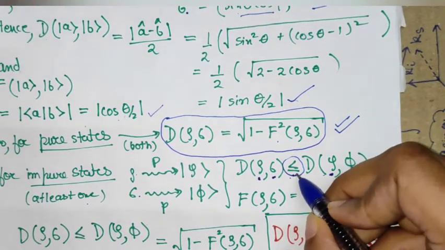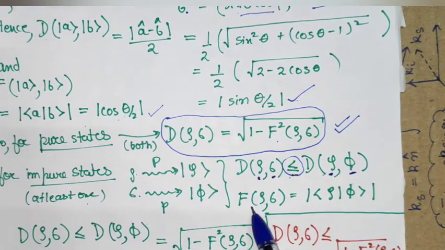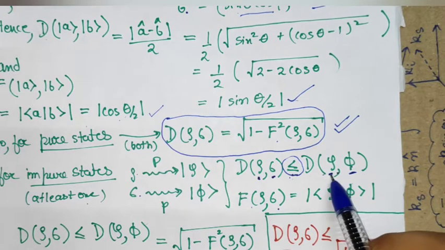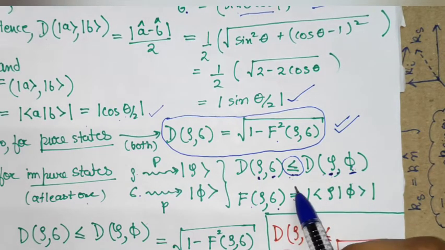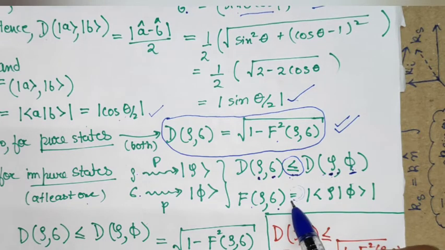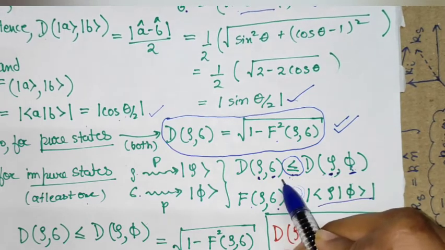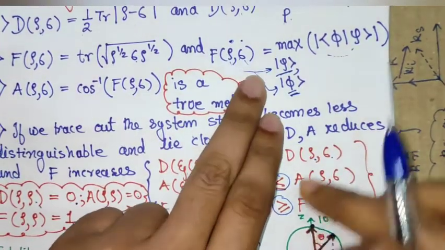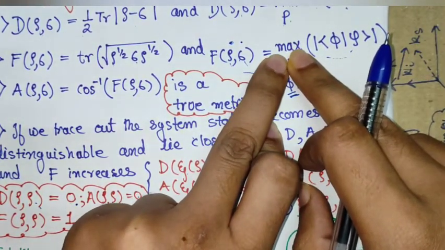On the other hand, for the fidelity case, if the purification of the state is maximized, this is no longer an inequality. So for the fidelity case, this is an equality. For trace distance, this is an inequality. For the fidelity case, it is an equality because of this form. We have chosen maxima.